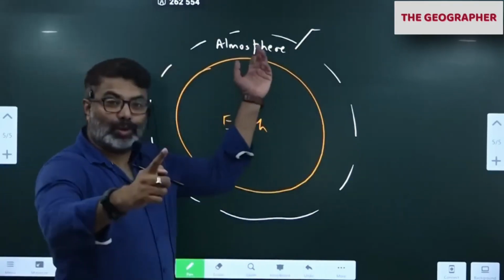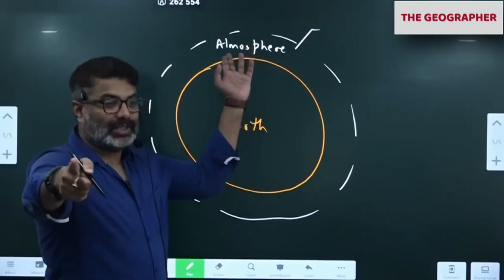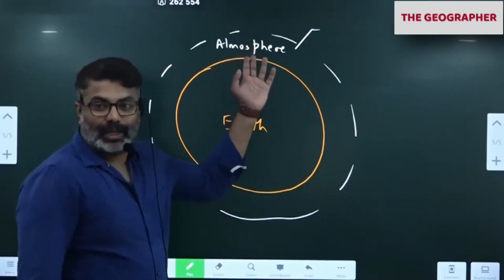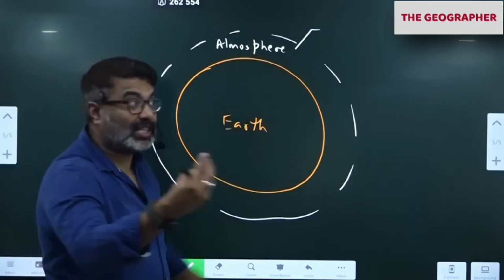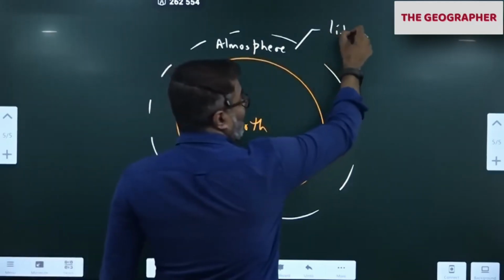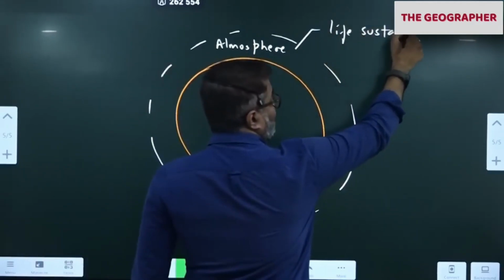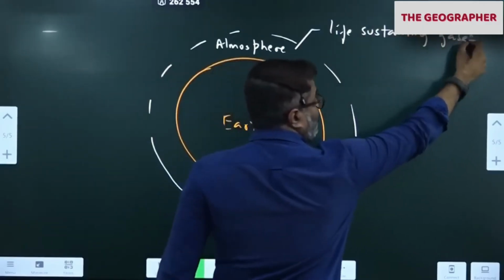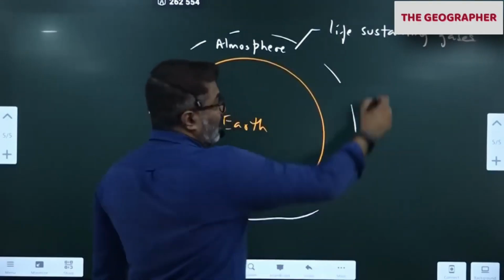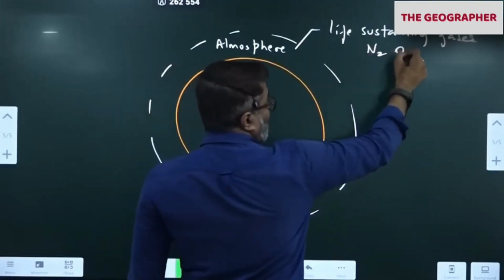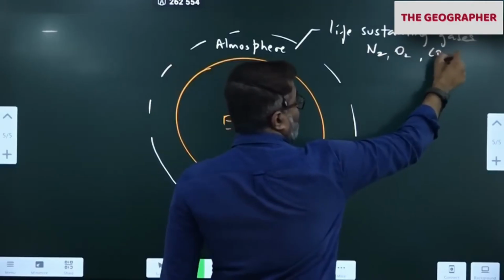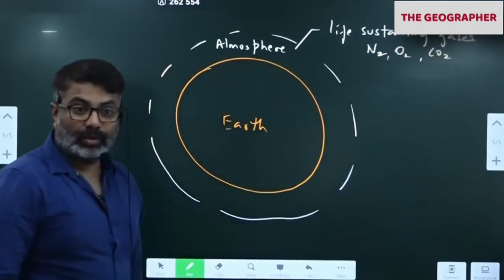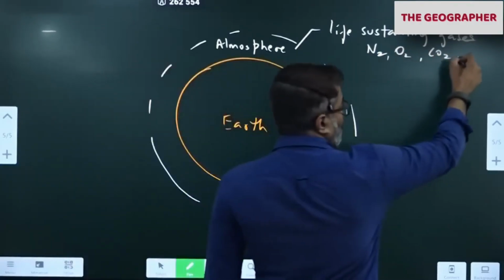Imagine no atmosphere means no gases. No gases means no life. Atmosphere gives us life sustaining gases that keep us alive, like nitrogen, oxygen, carbon dioxide, ozone, which are very important gases.